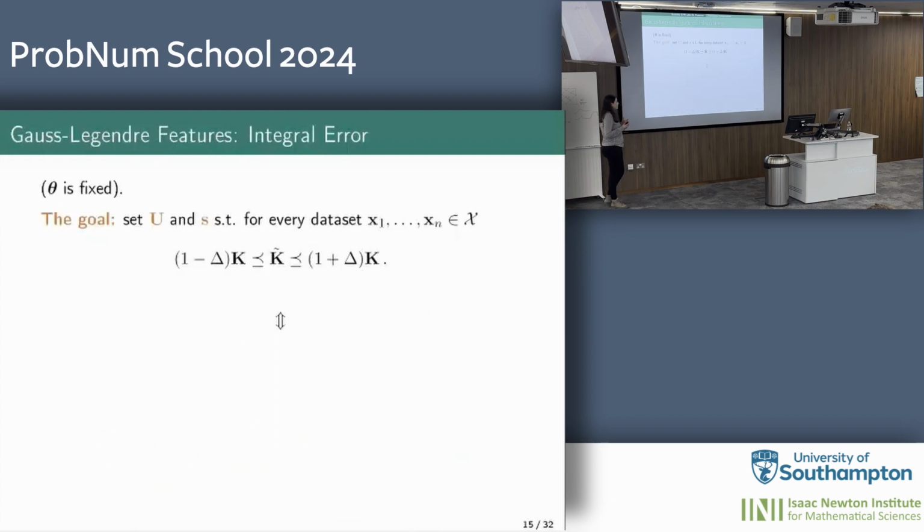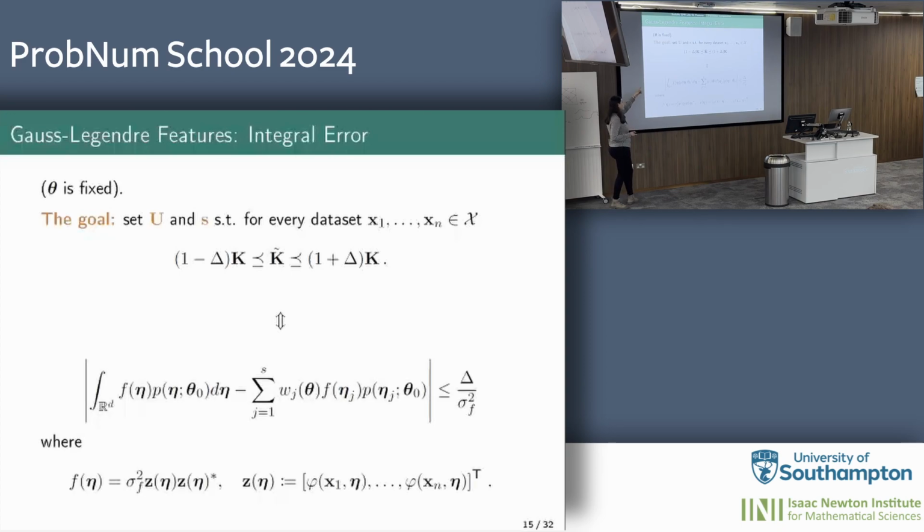So how do we apply this Gauss-Legendre quadrature rule? Basically, I will show you that looking at the integral approximation error is the same as looking at the kernel approximation error, when you have some delta that you want as the error.